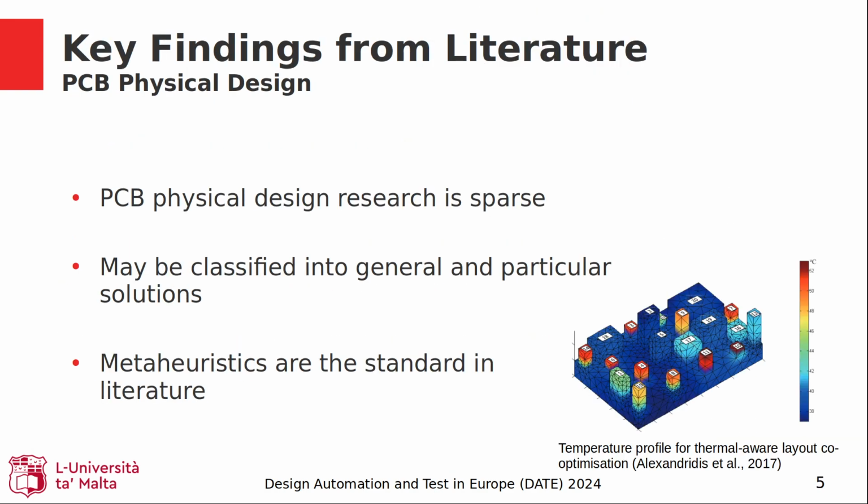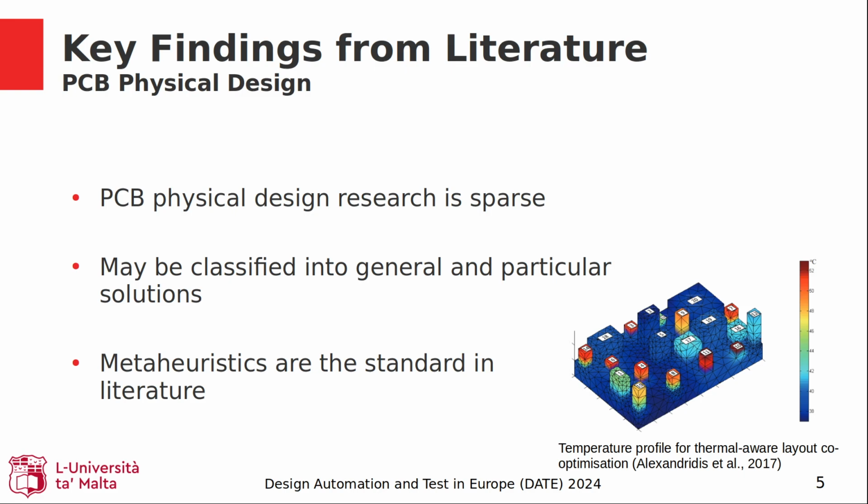Moving on to existing literature, we have found that research in PCB physical design is sparse and can be divided into two classes. The first category focuses on automating component placement on the PCB, primarily to reduce wire length. The second, which is more prevalent, includes methods that not only aim to reduce the overlap-free and wire length optimized placements, but also take into account performance criteria.